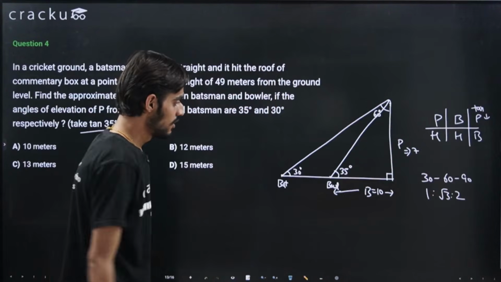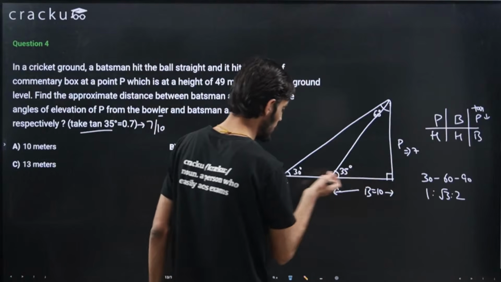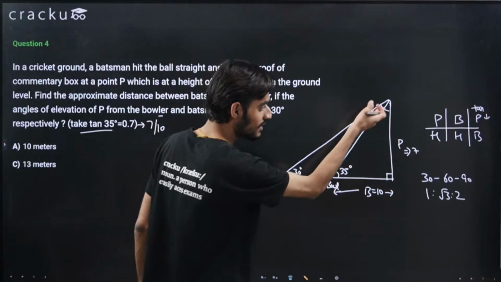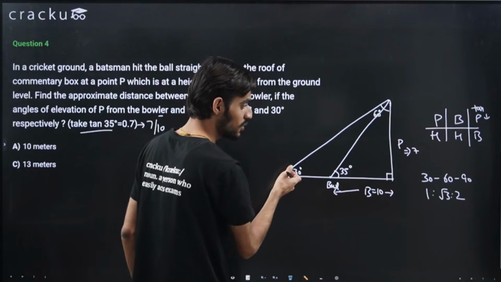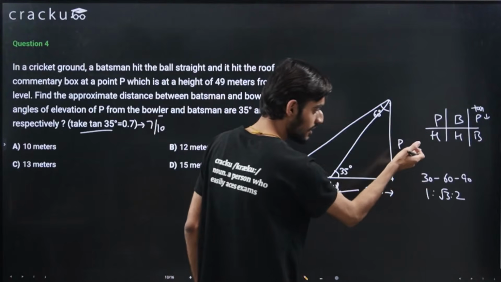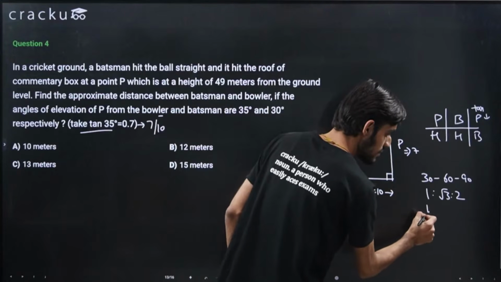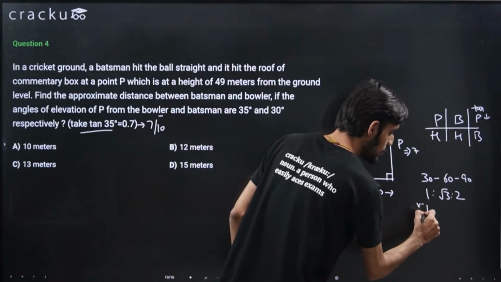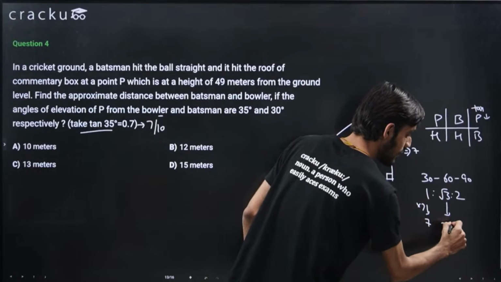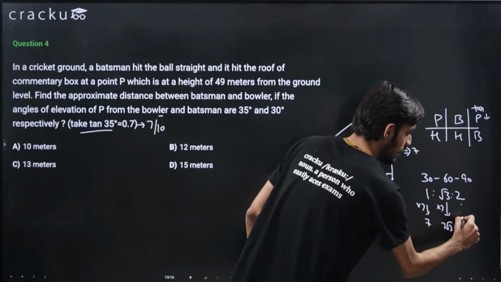We know this. So we can just use the same result here. So the side that is just opposite to 30 degrees will be equal to 1. So we know that the value of 1 is 7. So 1 is representing 7. So we can just change the values by multiplying the ratio by 7. So this will be 7√3, and this will be 14.